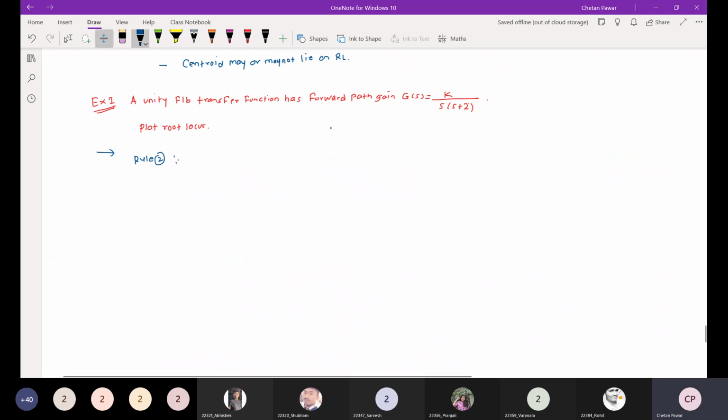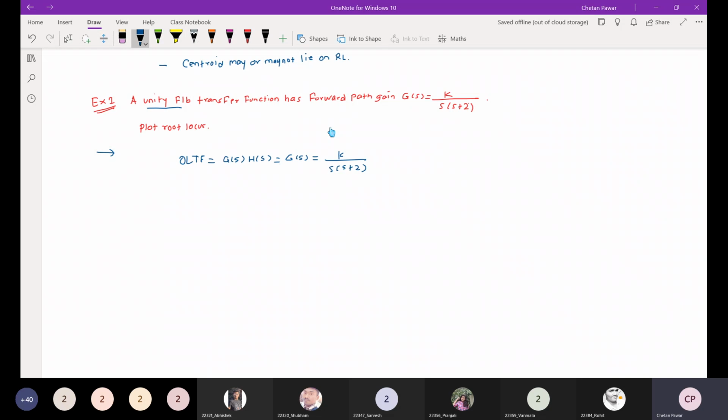First we need to consider the open loop transfer function, G(s)H(s). G(s) is given and H(s) is 1 because unity feedback is there, so this will be K / (s(s+2)).